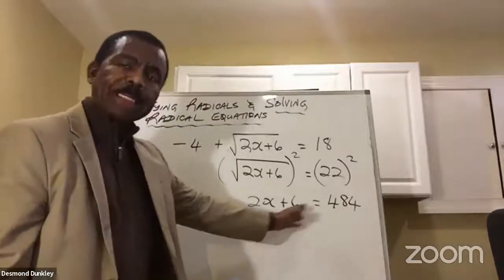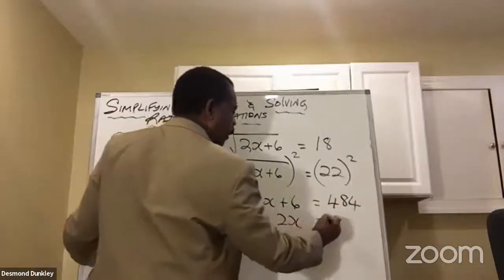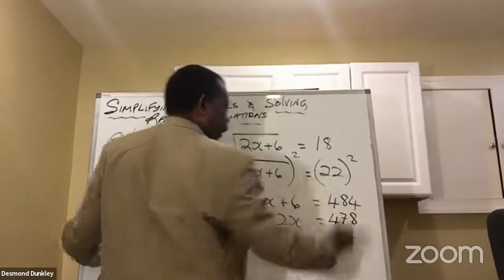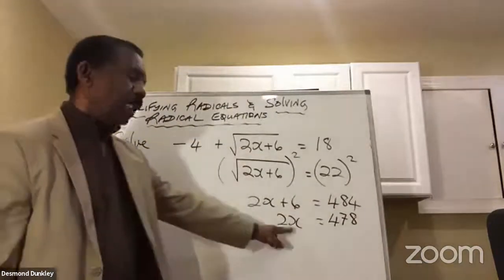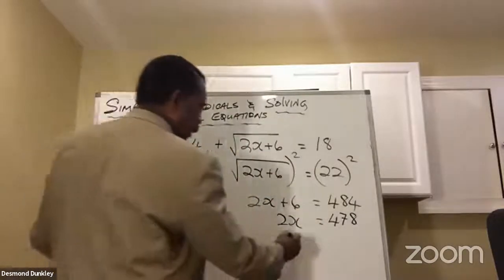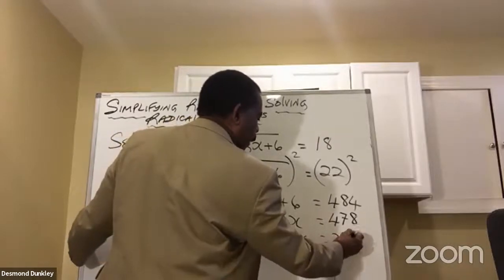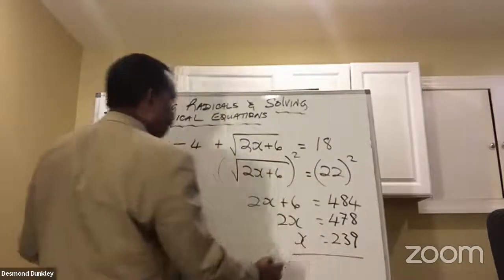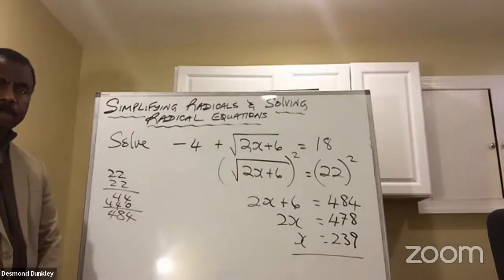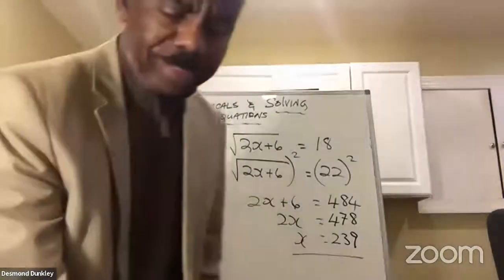Now we subtract 6. 2x equal to 478. And now we get rid of the 2 by dividing both sides by 2. We end up with x equals 239. There it is. How cool is that? Let's try another one.